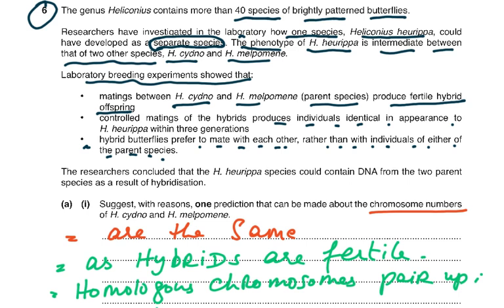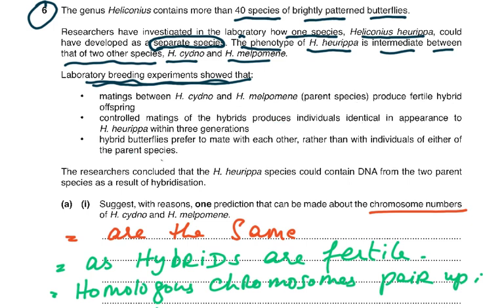We read this once again. Laboratory breeding experiments showed that matings between HC and HM produce fertile hybrids.